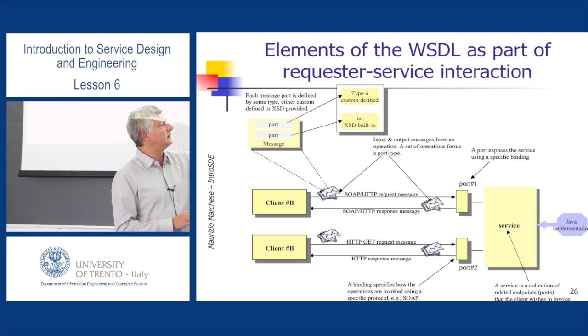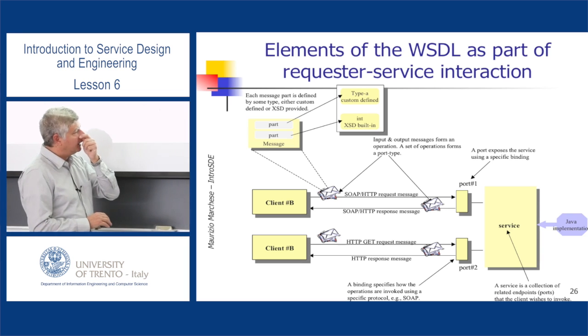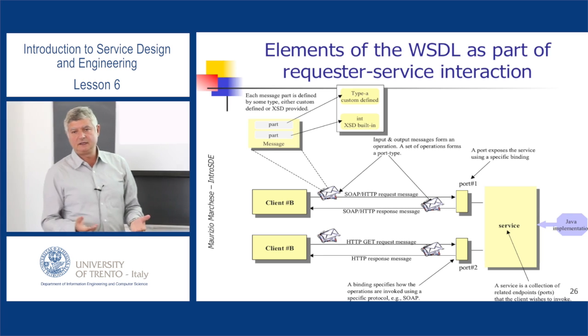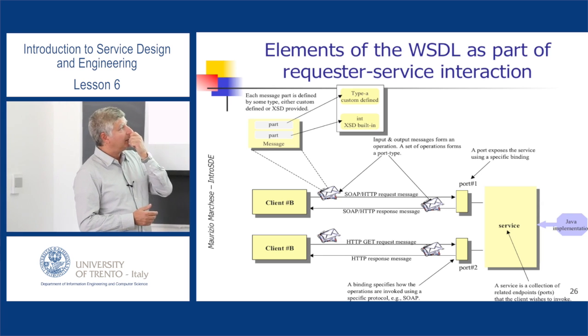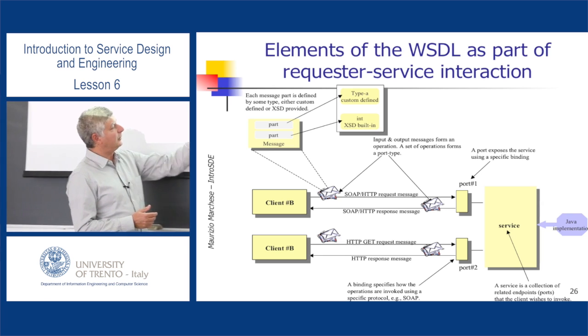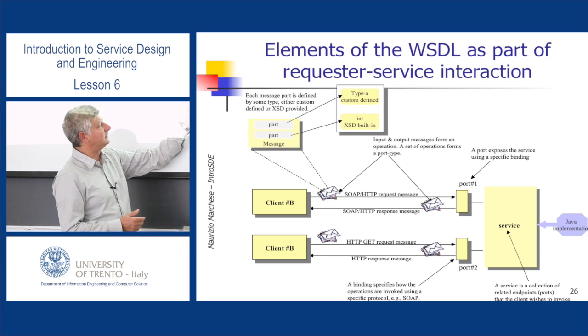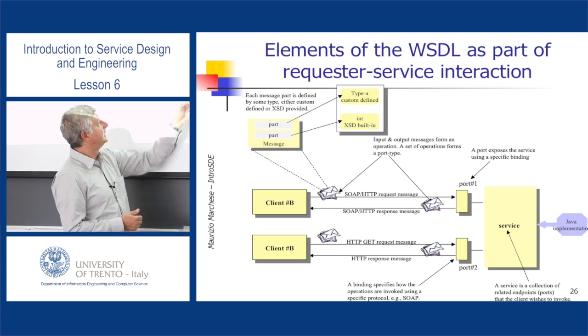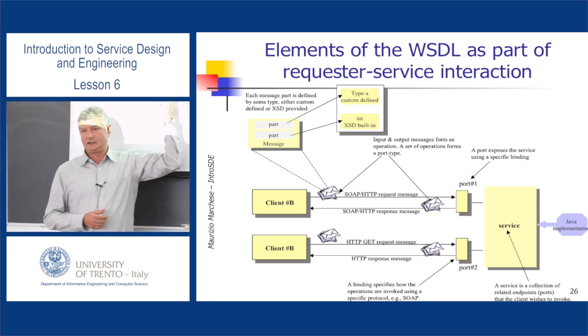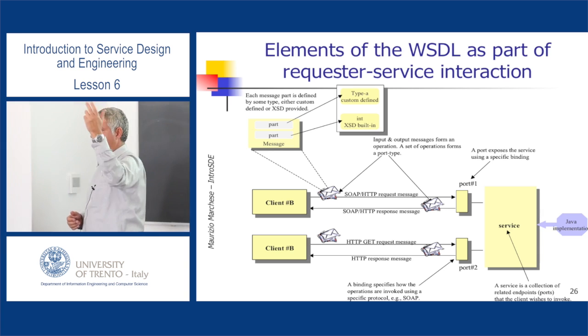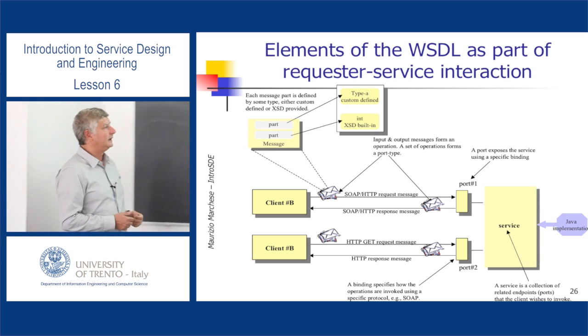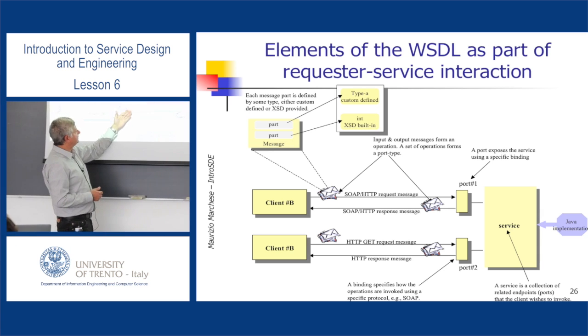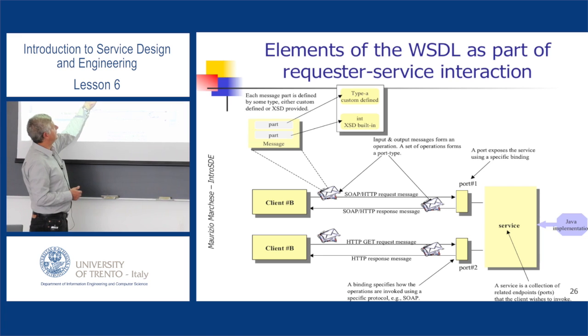When you have a particular implementation of a service through the WSDL specification, you can expose the same service, which is a collection of endpoints, of ports, in various ways to the outside world, and in particular to the clients. The example here is that this one, for instance, goes through SOAP HTTP.